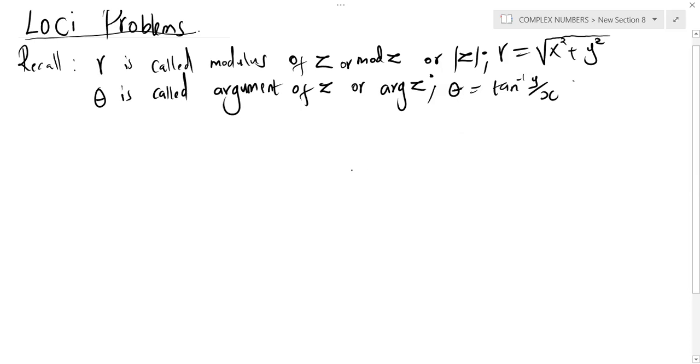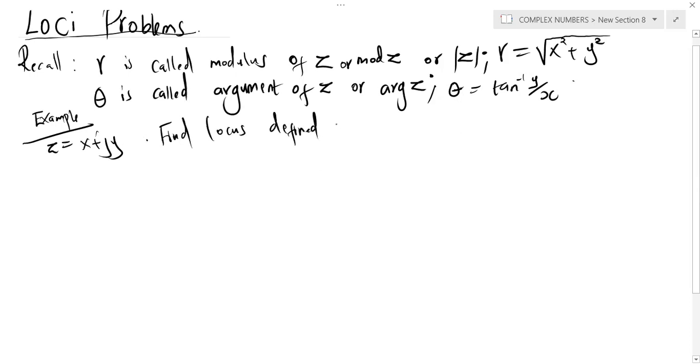So let's take up a few questions on getting the locus, a set of points that define some particular conditions. For example, you're being told if z is equal to x plus jy, find the locus defined by modulus of z is equal to 5.